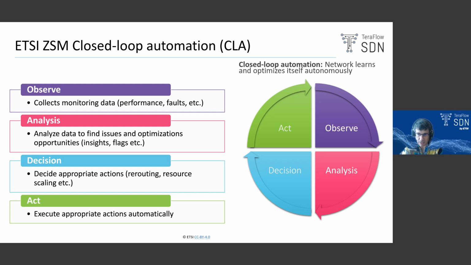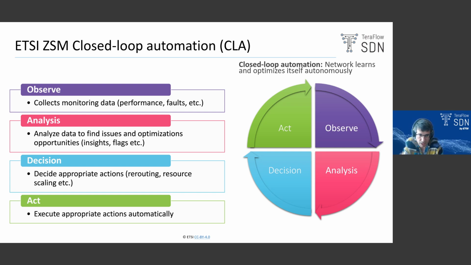In this case, there are 4 steps. The first one in the closed loop is to observe. This means collecting monitoring data, a lot of performance, faults, and so on. And that's why you have seen that we have been working during the last release on telemetry and monitoring components, which are key for this observation.